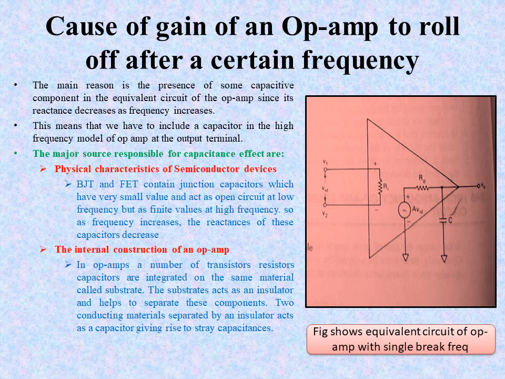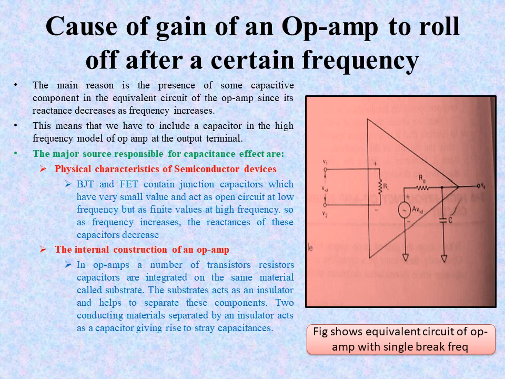We all know that in an operational amplifier generally BJT or FET transistors are used, and both these transistors contain junction capacitance, which has a very small value and acts as an open circuit at low frequency, but after a certain frequency it has a finite value. At high frequency, as the frequency increases, the reactance of these capacitors decreases.